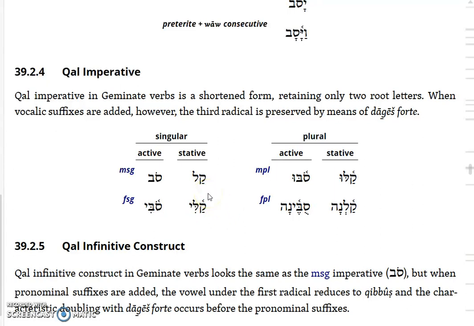By the way, the simple stem is called Qal after this form. And then kali, and then in the plural, sovu and suvena, and it's kalu and kalna for the kalal.